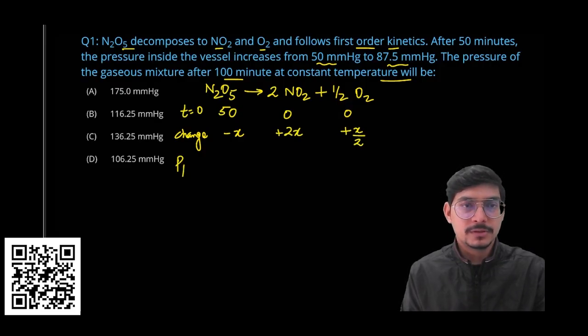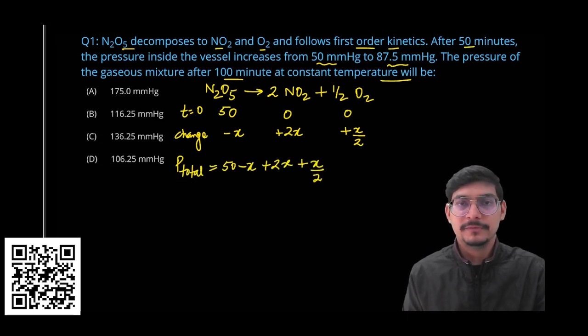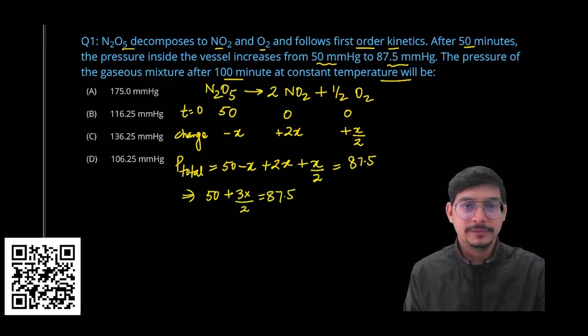So the total pressure of the system after 50 minutes would be 50 minus x, which is the pressure of N2O5, plus 2x, which is the pressure of NO2, plus x by 2, which is the pressure of oxygen gas. This is given to be 87.5 as per the question. So let's solve it. This comes out to be 50 plus 3x by 2 equal to 87.5.